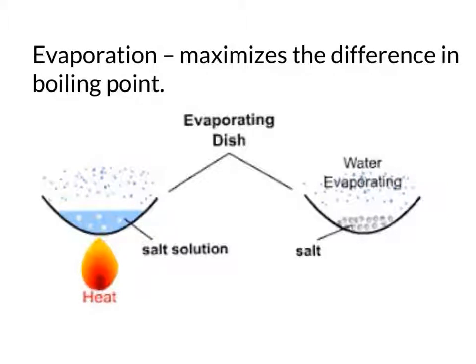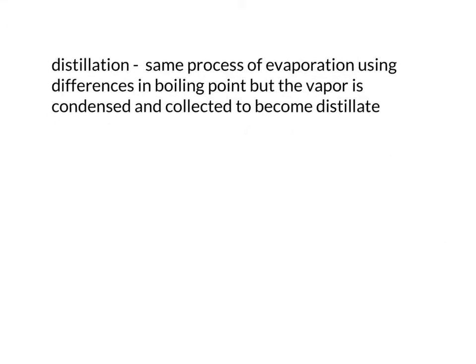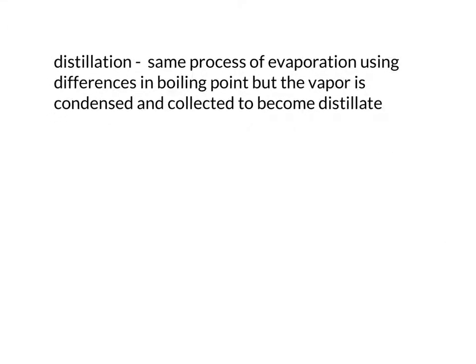Another process related to evaporation is the fourth method, which is distillation. Distillation is the same process as evaporation using differences in boiling point, but the vapor is condensed and collected back to become distillate.